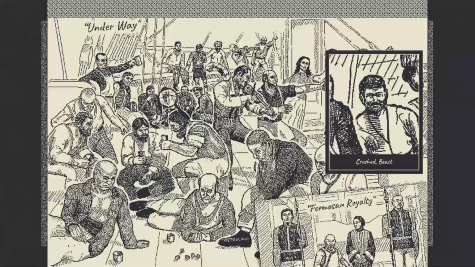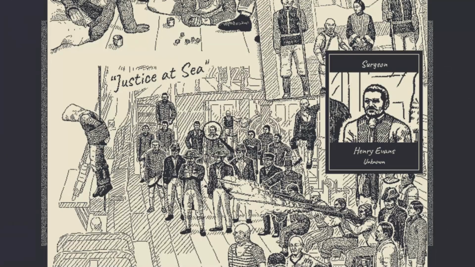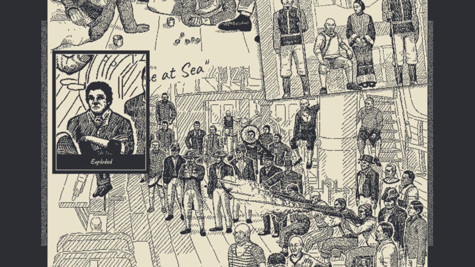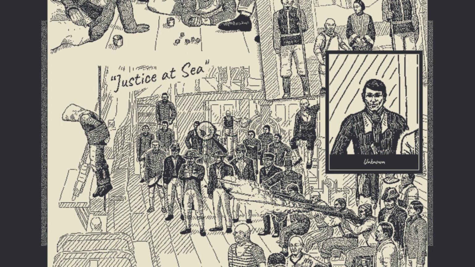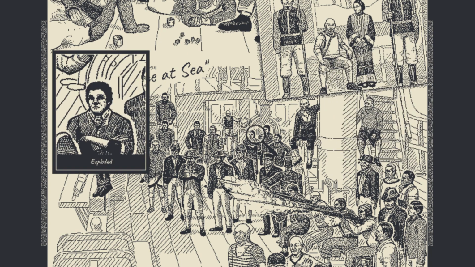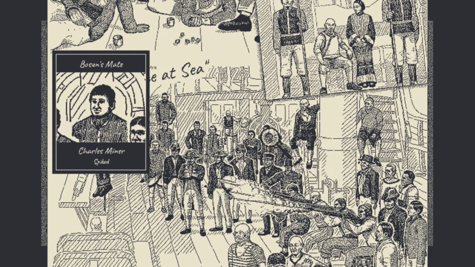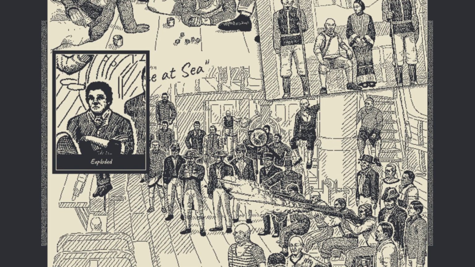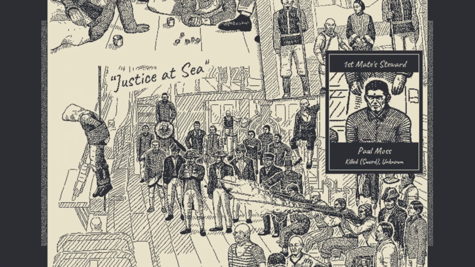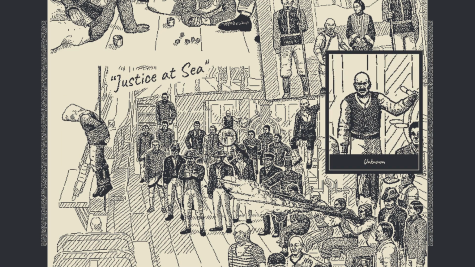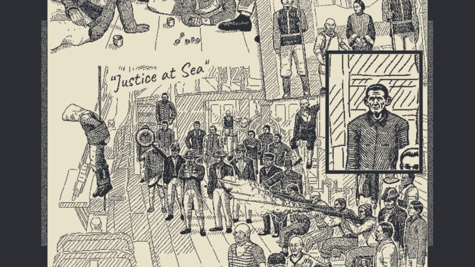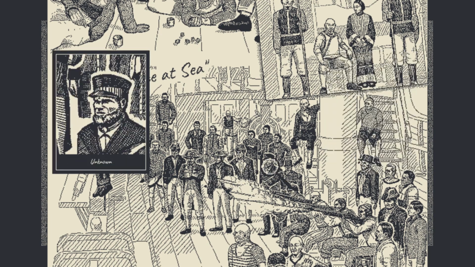Okay, so I can deduce that these people are helping out the doctor, who is over here. Yeah, okay, so if this is the surgeon, and I'm saying that this is Charles as the bosun's mate, then we can assume that the people who gathered here are probably respected civilians and stewards and people like that, because they're grouped up behind the actual officers.